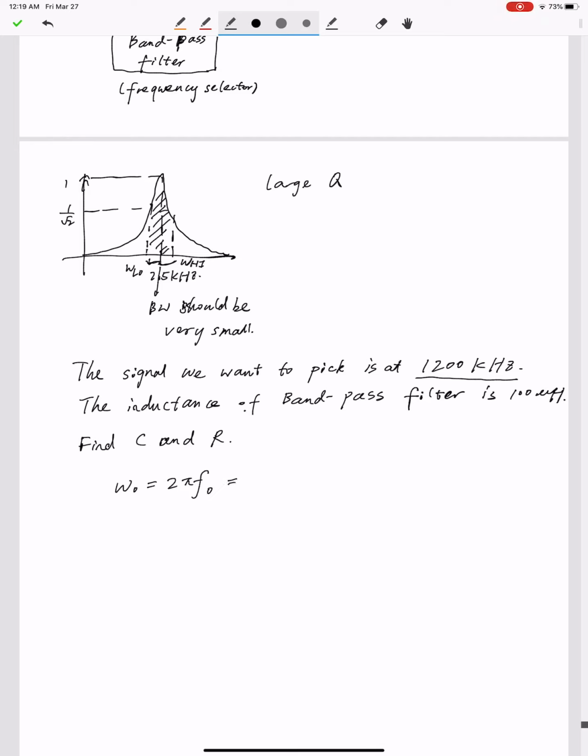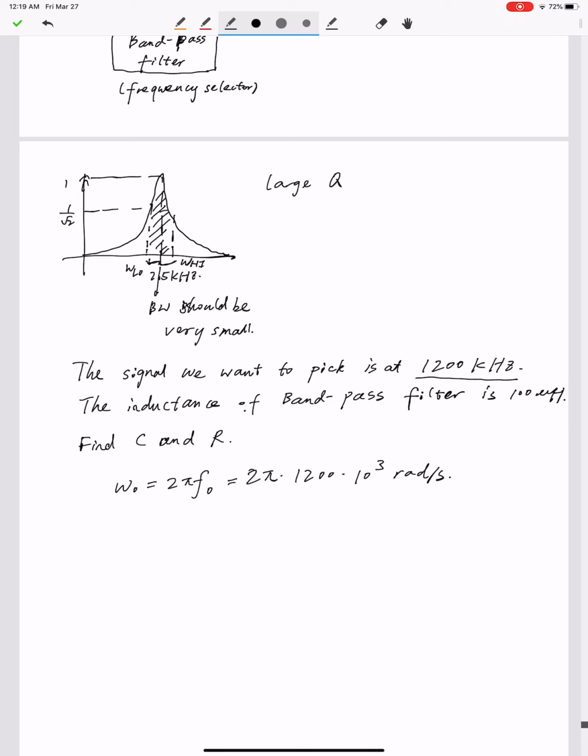So omega 0 equals 2 pi f0 equals 2 pi times 1200 times 10 to the power of 3 radians per second, right?